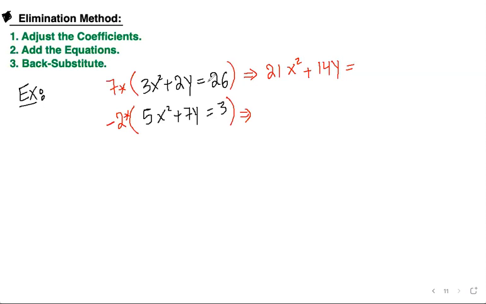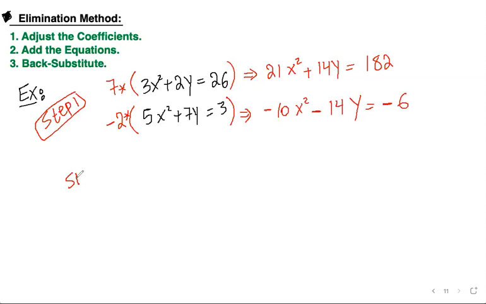It's 182. Now for the second one, -2 times 5 is -10x squared, -14y, -6. So this is step number 1.